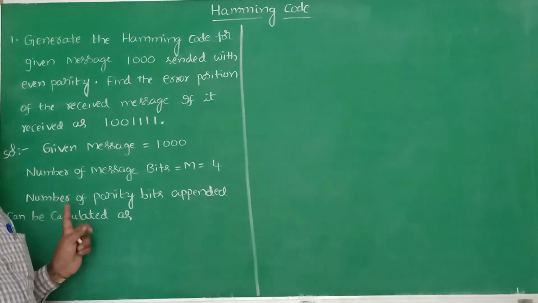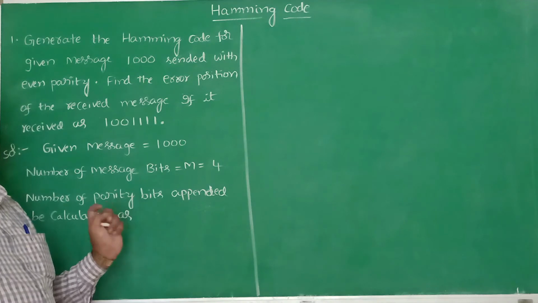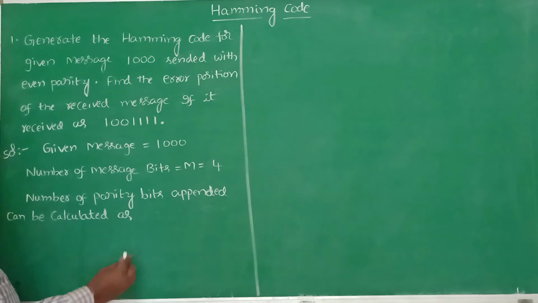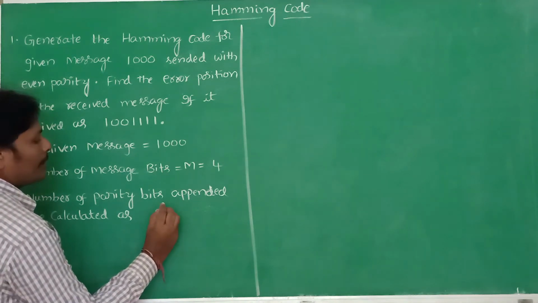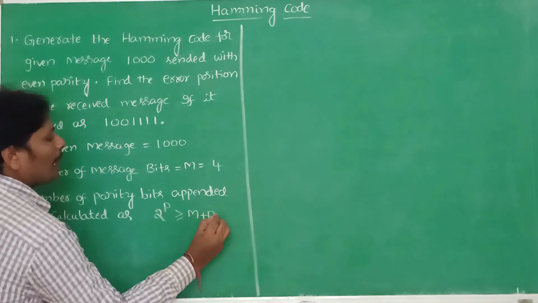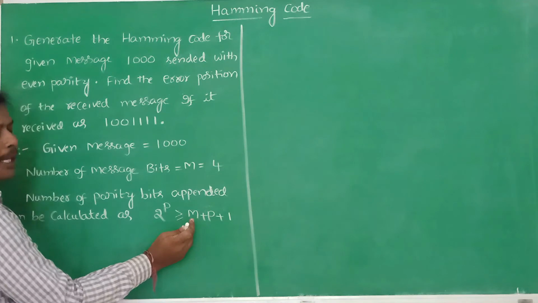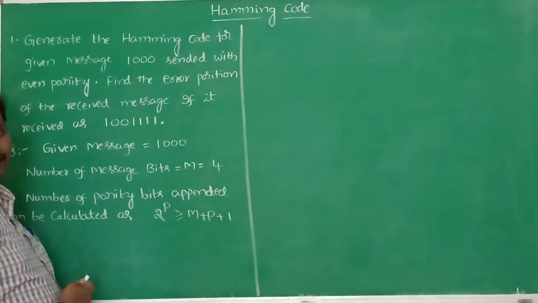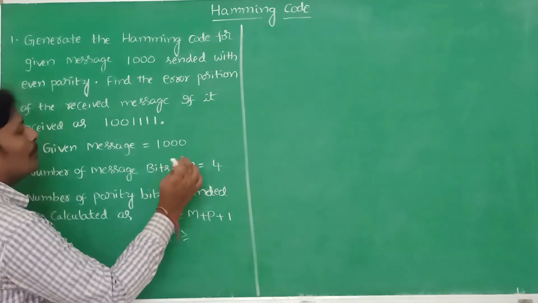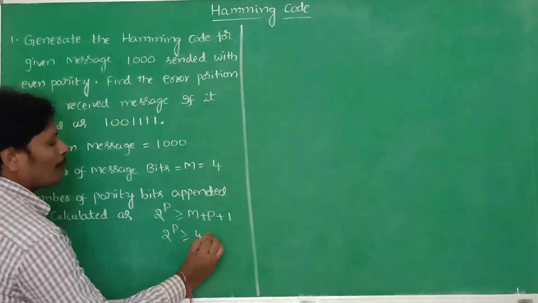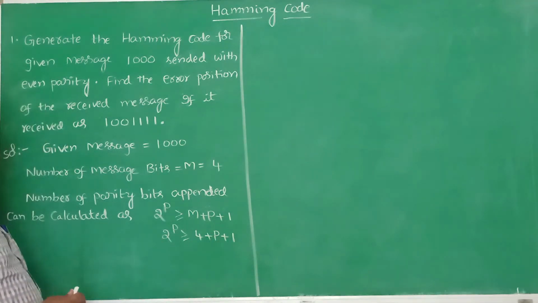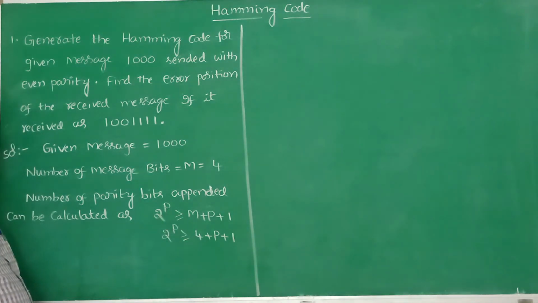Next, the number of parity bits that can be appended to the given message can be calculated by using the following formula: 2 power p greater than or equal to m plus p plus 1, where m is the number of message bits. So 2 power p greater than or equal to 4 plus p plus 1. For which value of p does this equation hold?